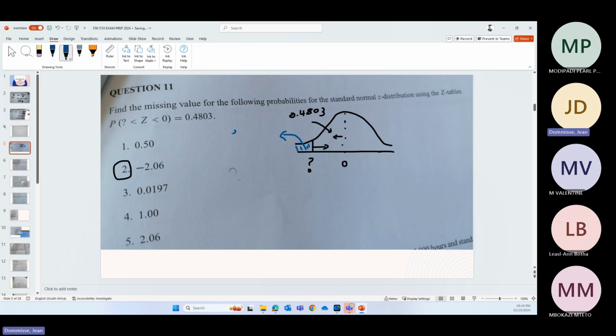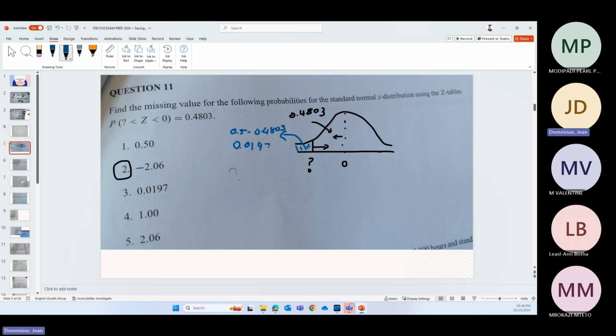So how to get this? I would say 0.5 because that's half of it, minus 0.4803. So 0.5 minus 0.4803. So that is 0.0197.